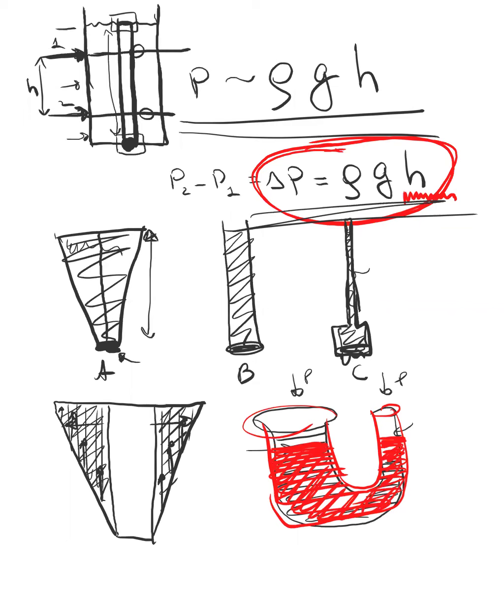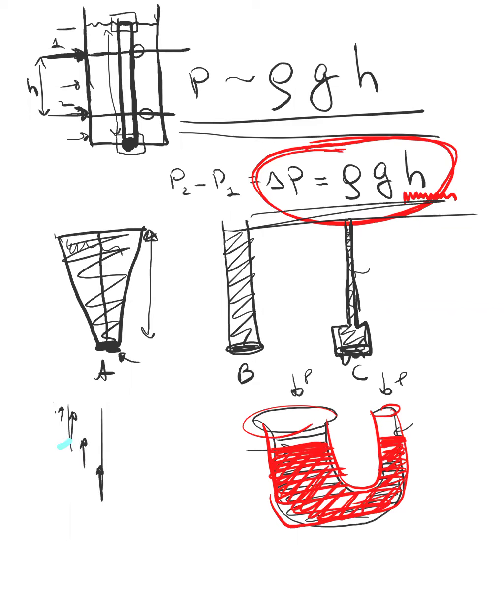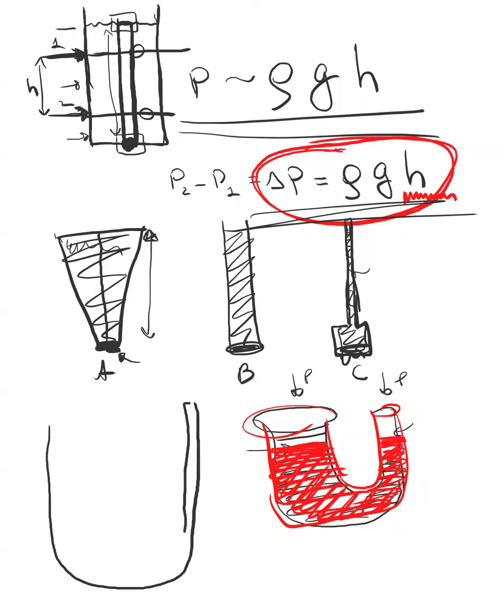Now, if you have different liquids, you could be in a situation where you have two tubes connected. For simplicity, I will draw them to be of the same size. So let's say I have this U-shaped tube with two openings. Again, they are connected, so if I put something in here and something in here, they will reach equilibrium when pressures on both sides are equal.